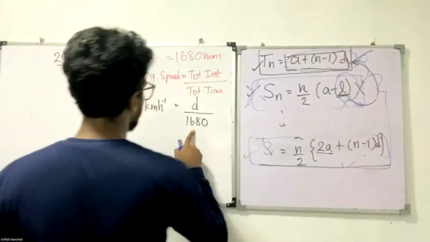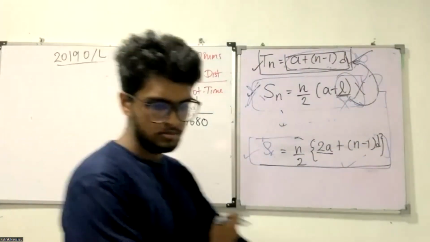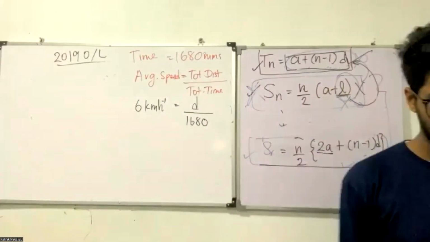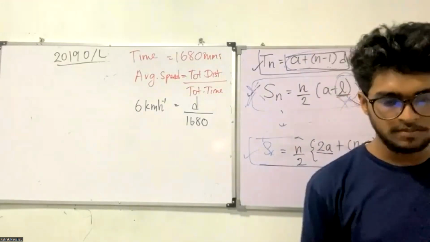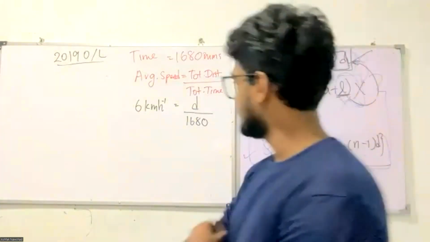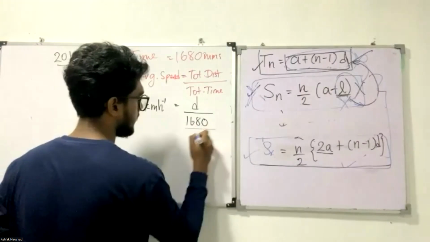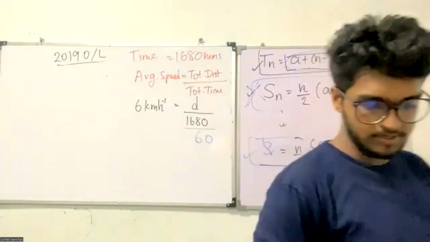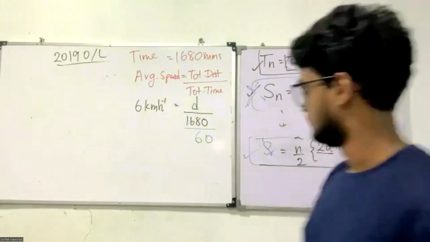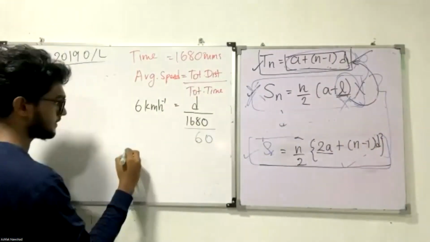How do we convert minutes into hours? We convert minutes into hours by dividing them by 60. So I'm going to divide this by 60. Yes. So now we can simplify.